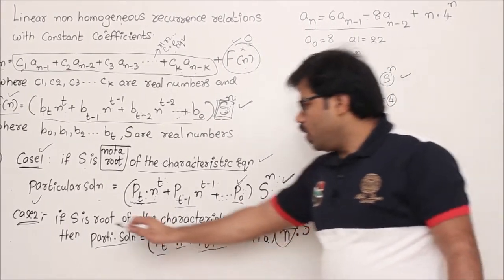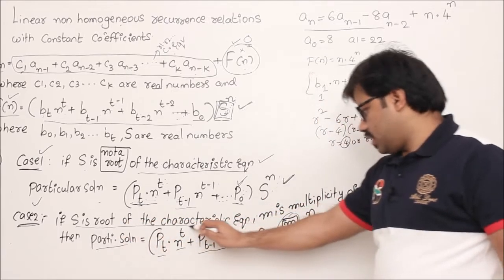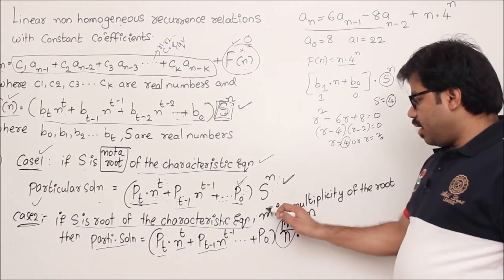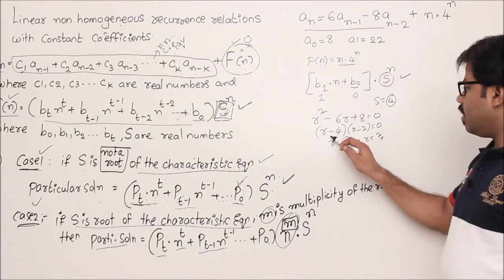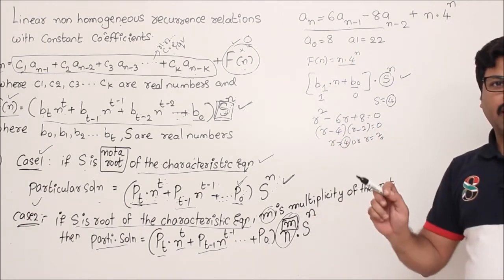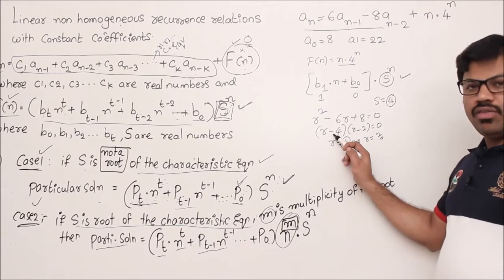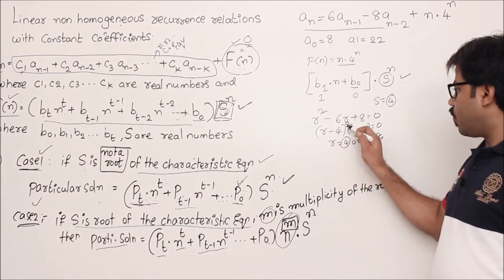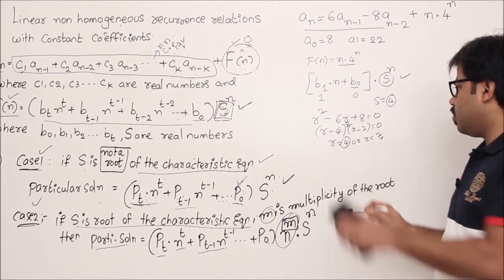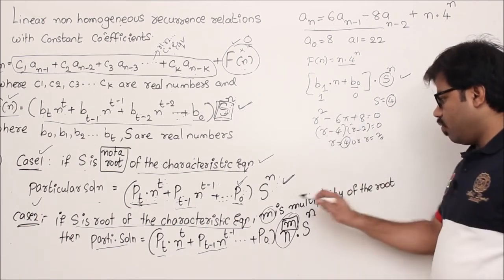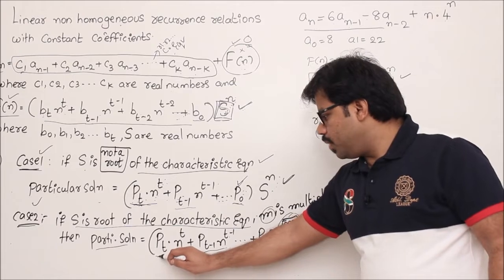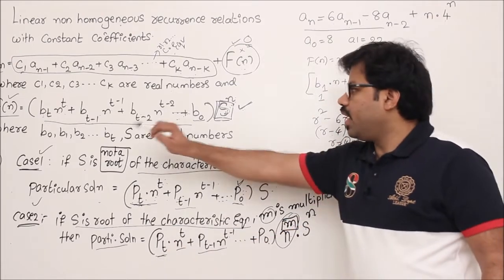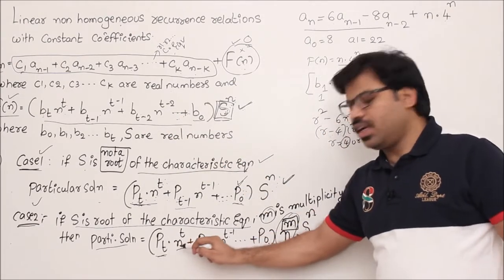In case number 2, s is a root of the characteristic equation and m is the multiplicity of the root. So how many times is 4 repeated in these roots? Only one time. If you had (r - 4) squared, we would say 4 is repeated 2 times. That's why here it is repeated only one time. Then the formula is: the particular solution is pt·n^t. For bt·n^t, we should write pt·n^t.